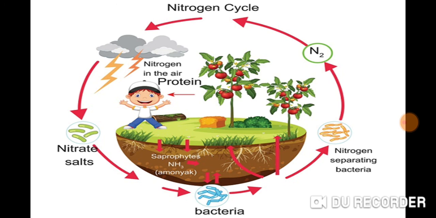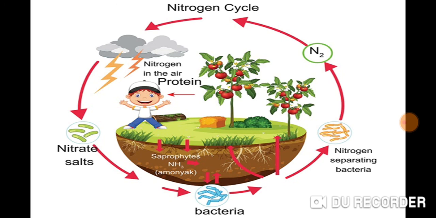And in the center, human beings eat fruits from plants having plant protein in the form of nitrates, and this is how nitrogen is transferred to human beings, and then human beings release nitrogen through feces, and that is again transferred to the soil.